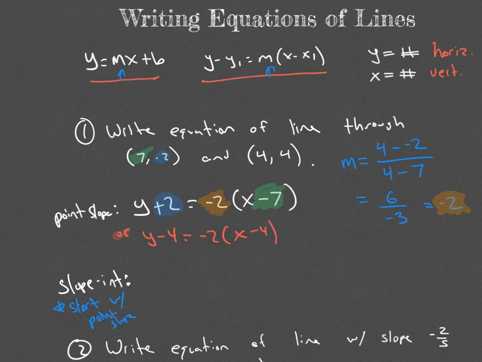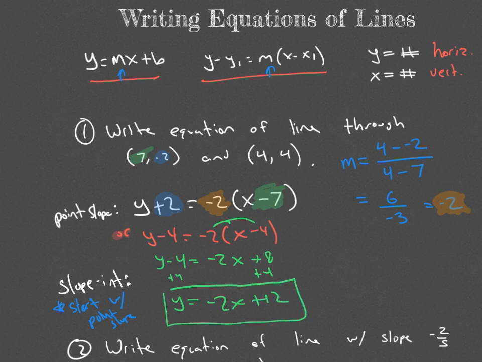You're going to take either one of those, and let's just use the y minus 4 because it's right there, and you just distribute, and then you add the 4 to the other side. So we get y minus 4 equals negative 2x plus 8, and then if I add 4 to both sides, I get the y alone, which turns it into slope-intercept form, y equals negative 2x plus 12. So that's slope-intercept and point-slope.